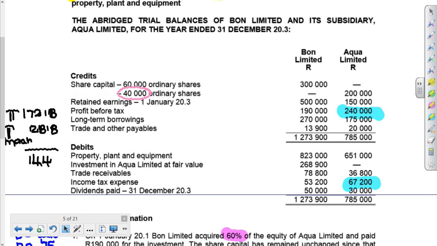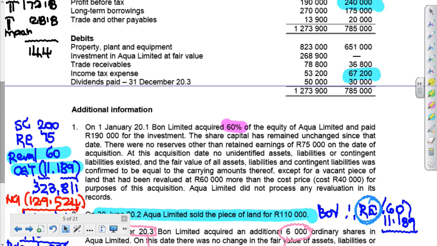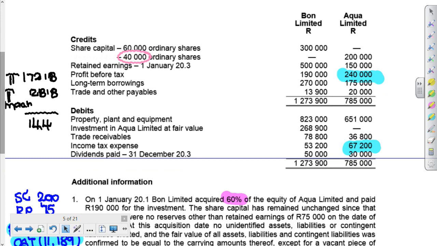That profit on the sale of that machine is in the second 9 months period, isn't it? So if I split this profit into the first 9 months and the other period, if I take 9 months, what do I get? 3/4. 108.